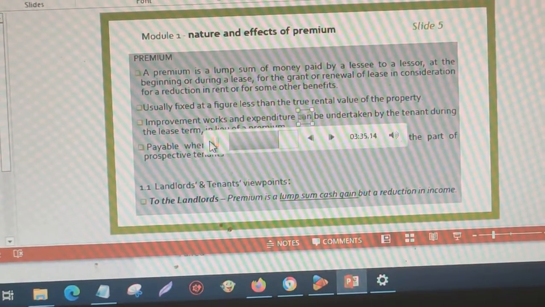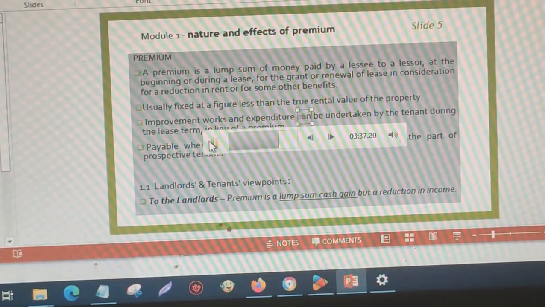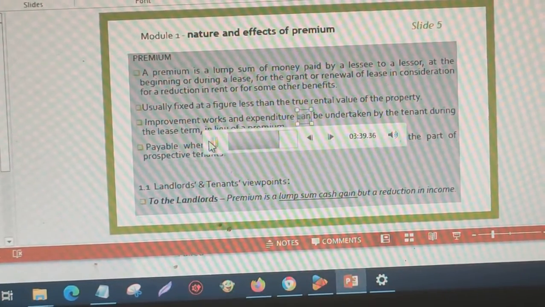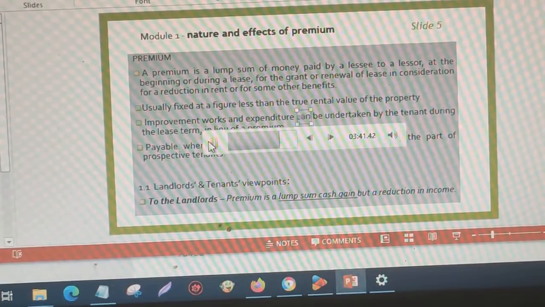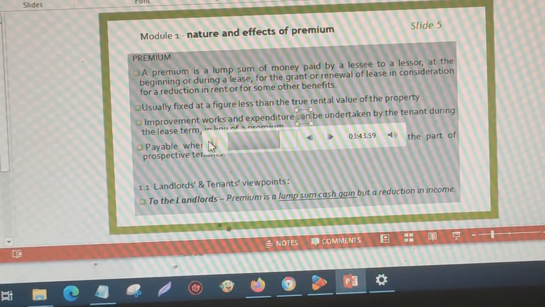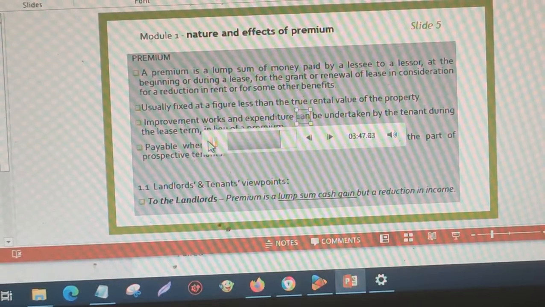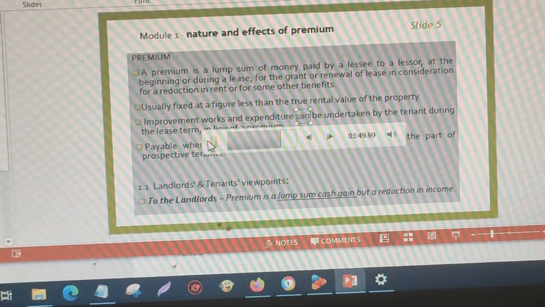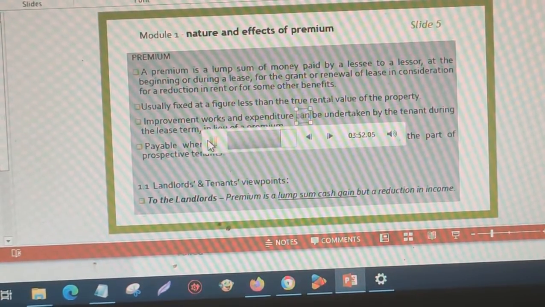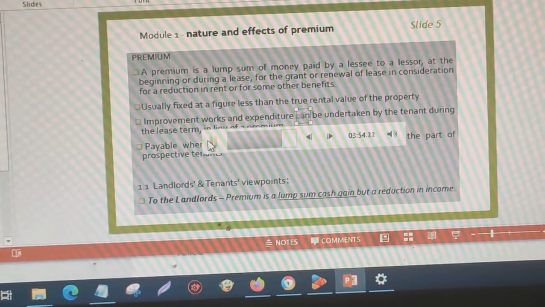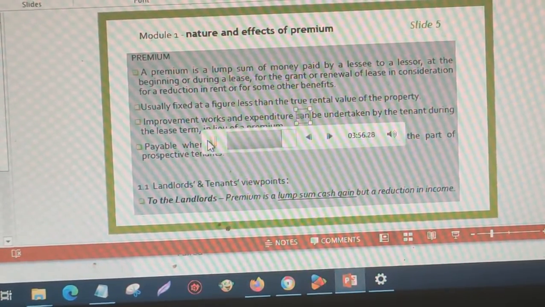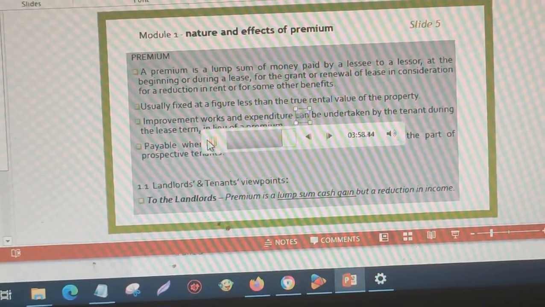But the important factor to note is that there must be a profit rent. The lessee must enjoy a profit rent, and that profit rent should be capitalized to get a premium. The premium is derived from the capitalization of the profit rent payable by the lessee.